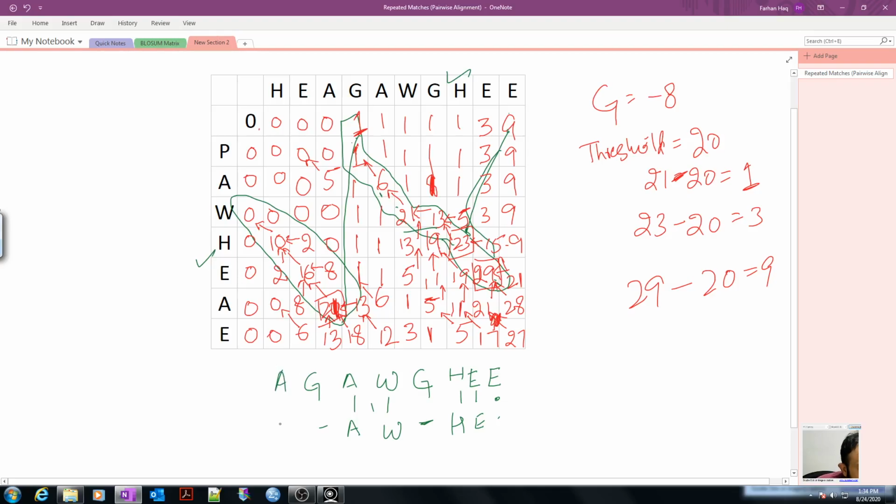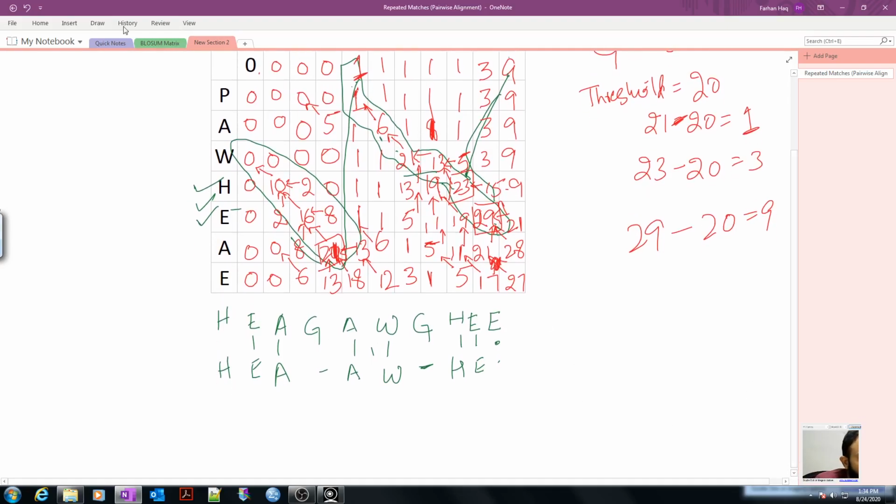So here A is aligned with A, here you can see, and then E is aligned with E, as you can see here, and then W is aligned with, then there is H, so H is aligned with H. So here you can see that using this algorithm, we have identified two different sides of alignment.